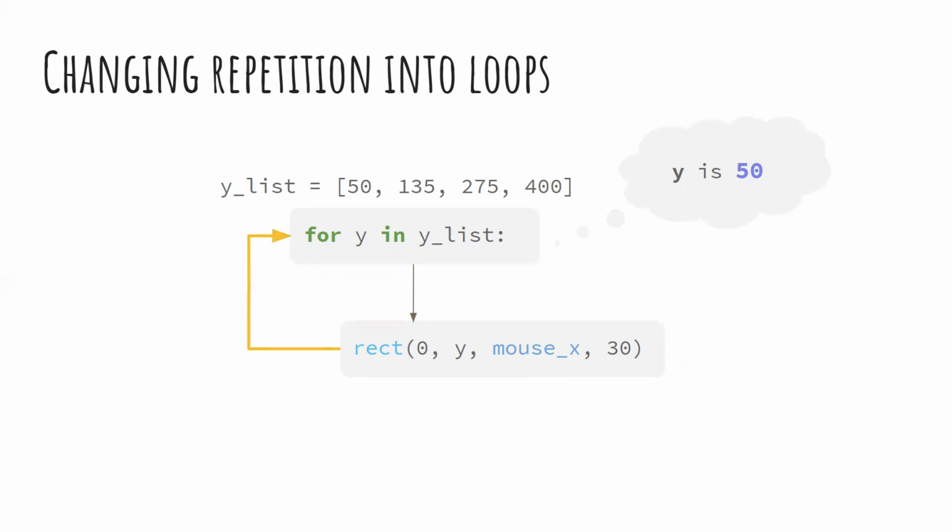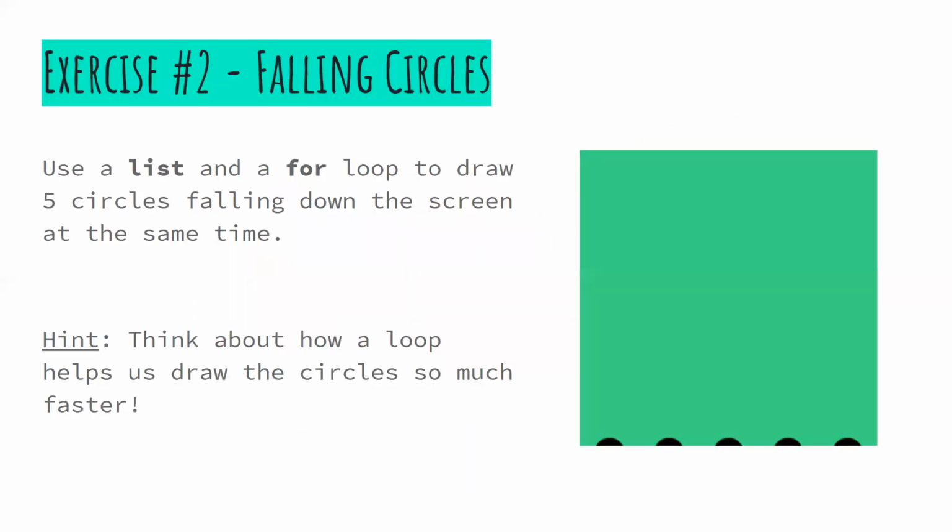Now this 50 is passed into the first statement again. As we say, there is a start point and there is an end point, and we repeat that continuously. Now y is 135, as I told you before, and now 135 is going to be passed to the top. And then next is 275, and after we're done with 275, it's passed again to the top. And then the last value that we have is 400. And that's it. We are done with the looping part.